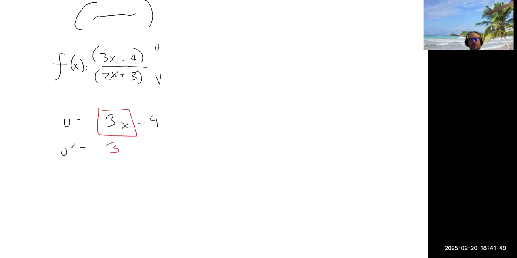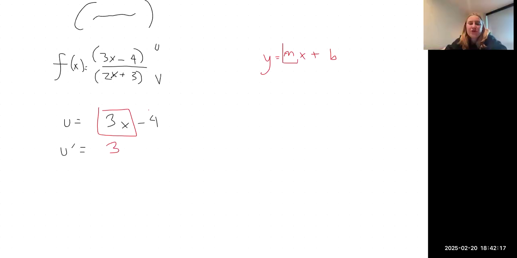And then what's the derivative of negative 4? Well, remember that what the derivative tells us is the slope. If we had, remember the equation y equals mx plus b, where would we look for the slope? m would be the slope.